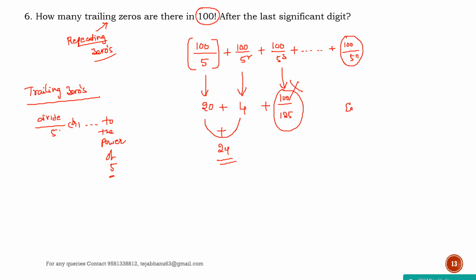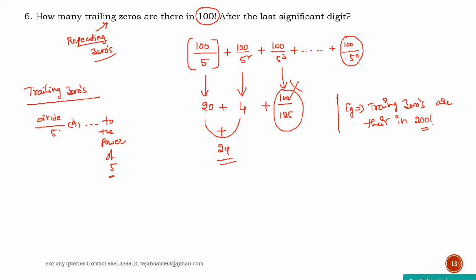Now, try to do this. How many trailing zeros are there in, for example, 200 factorial?